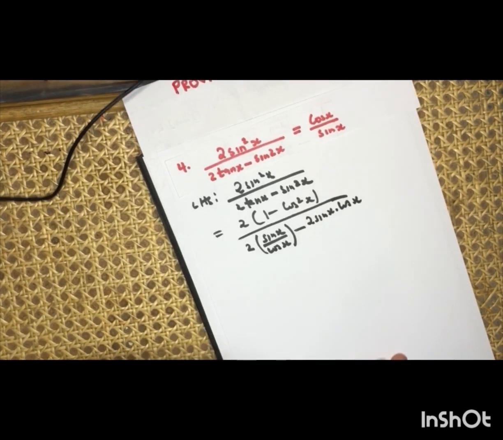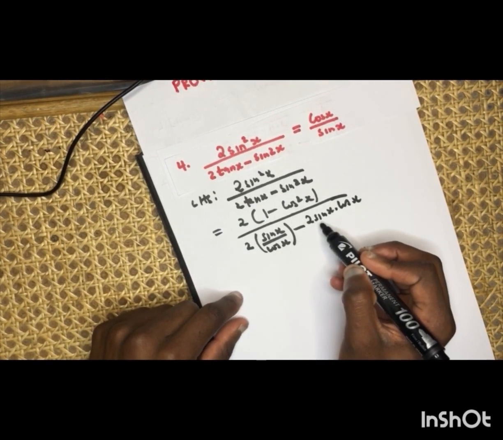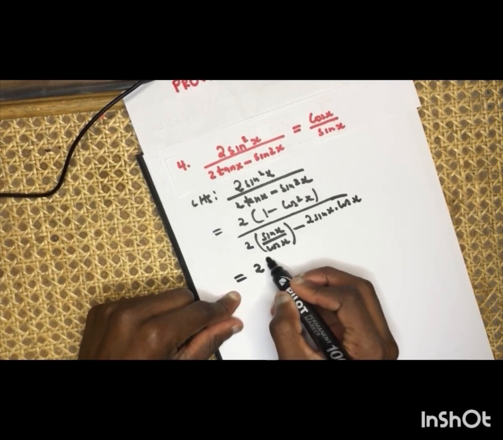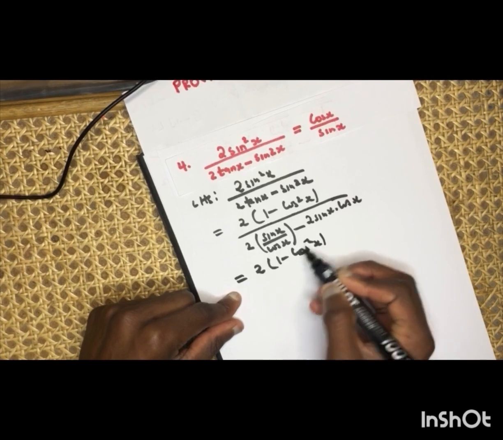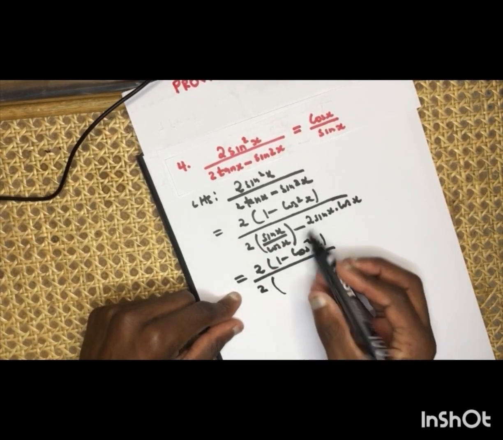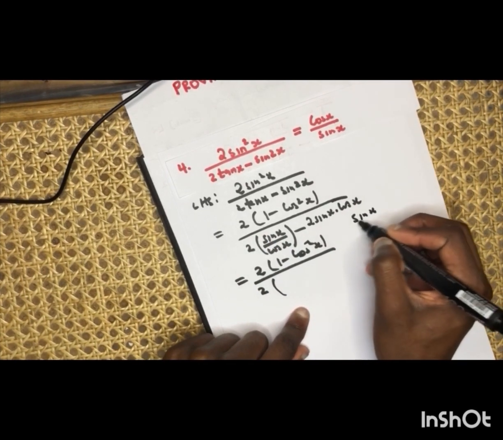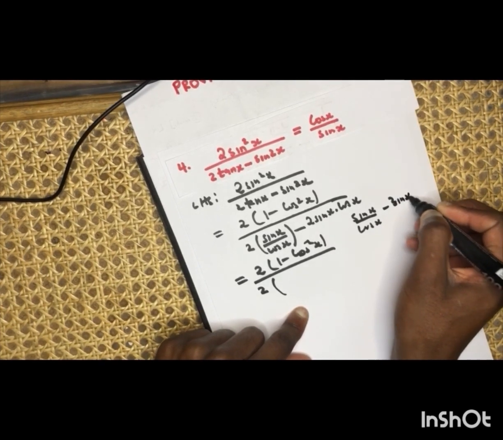Now it's easy, guys, because you can take out 2 outside. So I have 2, 1 minus cos squared x over, if I take 2 outside, I'm going to have 2 inside. You will be left with sine x over cos x minus sine x times cos x.